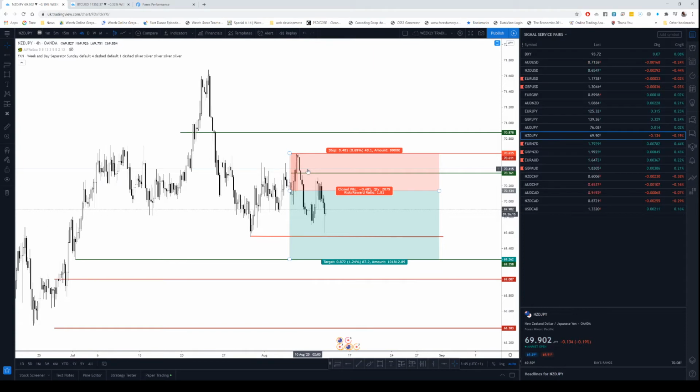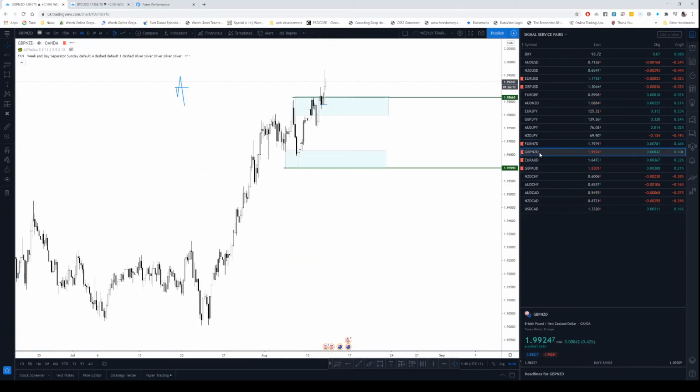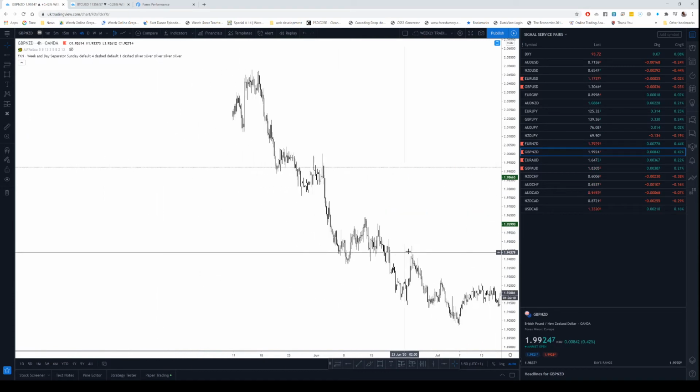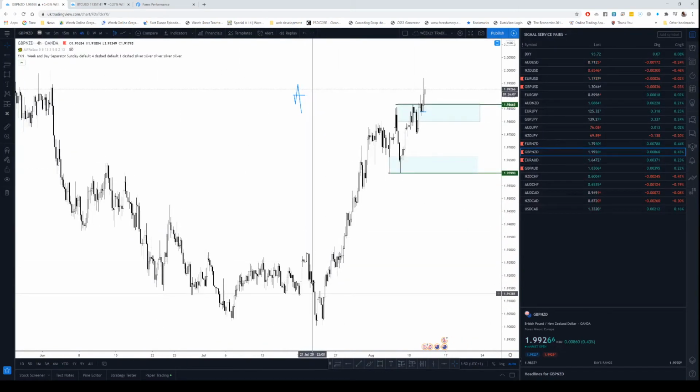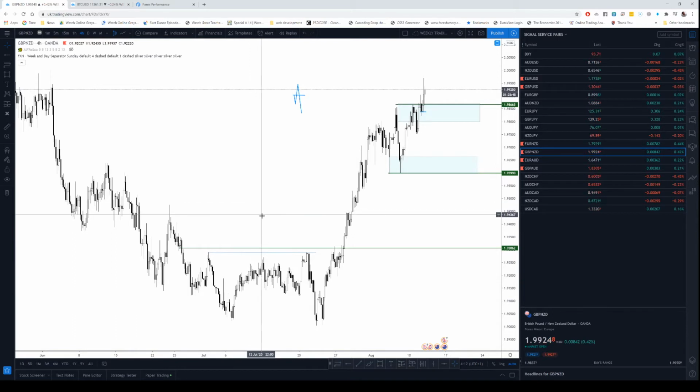We did have an example on pound New Zealand back in here before all this raid, so something like this. We ran a high into this last up candle there. Once we do that, that's a lot of money being above here and on this last up candle, and that sends price all the way down.